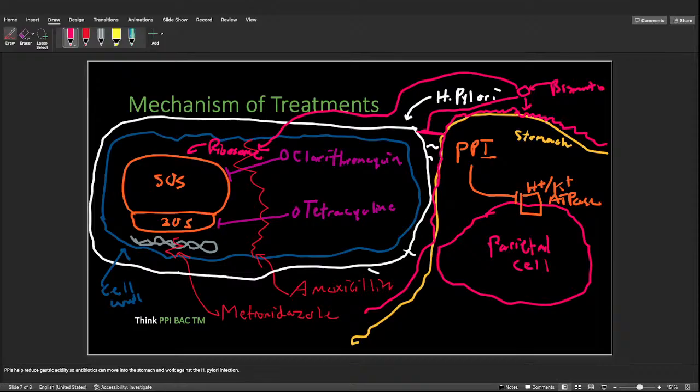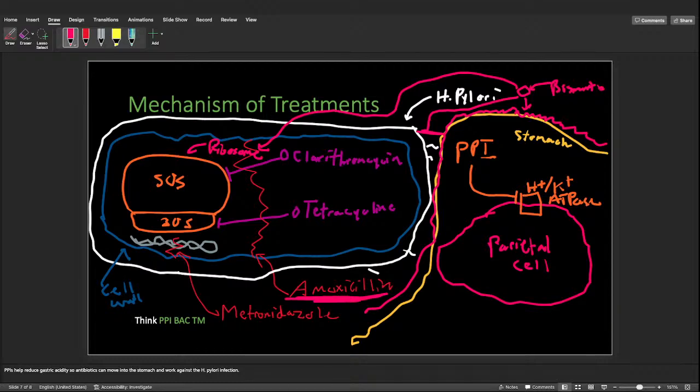And then you have here in the blue the cell wall. And the cell wall is where this antibiotic will work against, which is the penicillin type of drug, amoxicillin. So amoxicillin will work in that group here.